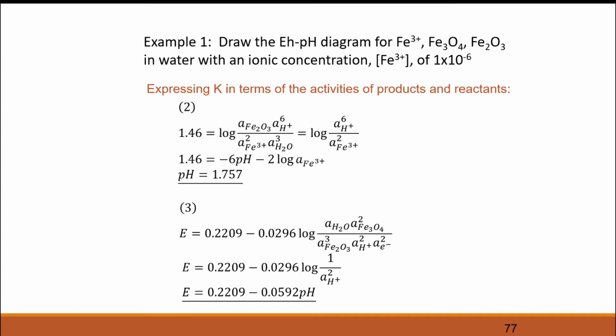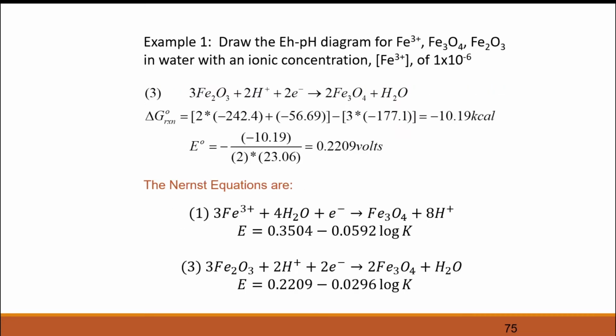Okay? Now, we proceed with the last equation, which is similar to the first equation na ginawa natin, no? So, we have E is equal to E naught, and this is taken from yung delta G over NF. Delta G over NF, okay? So, ito, 0.2209 minus 0.0296, and again, ito siya.